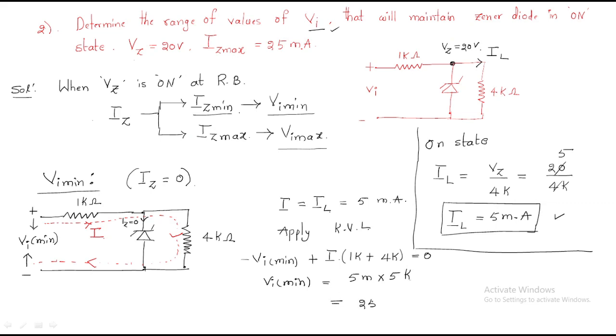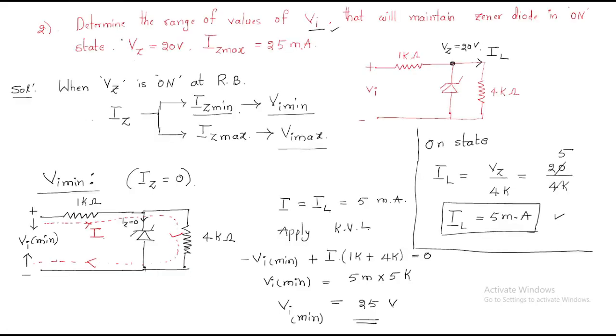Multiplying this, we get the minimum voltage of 25 volts. So the minimum voltage requirement is 25 volts, when the Zener diode takes 0 current. This is the first range we get.